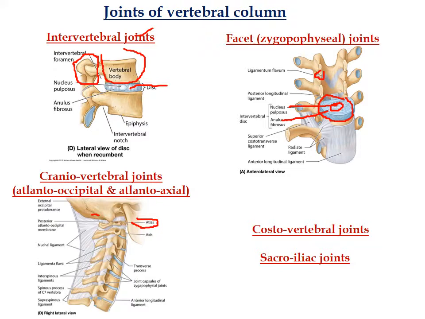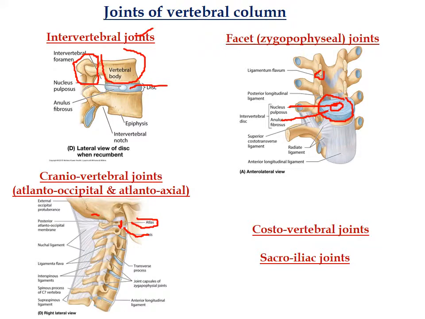This atlanto-occipital joint permits flexion and extension movement in the neck, the yes movement. Then between the first and second cervical vertebrae, the first is named atlas and the second is axis, so that is called the atlantoaxial joint.